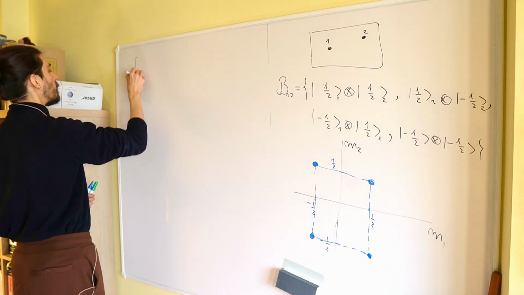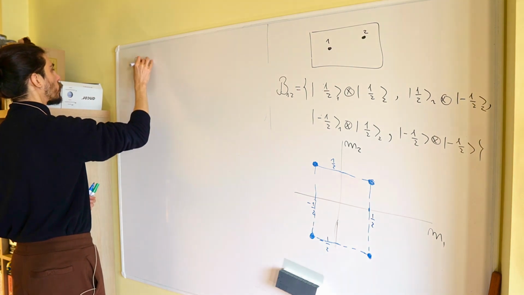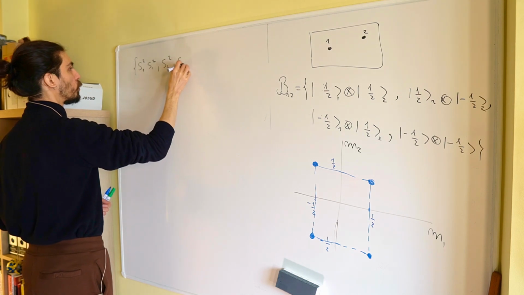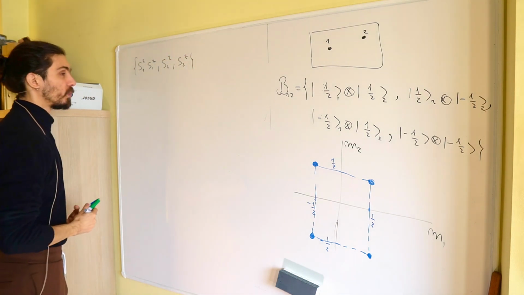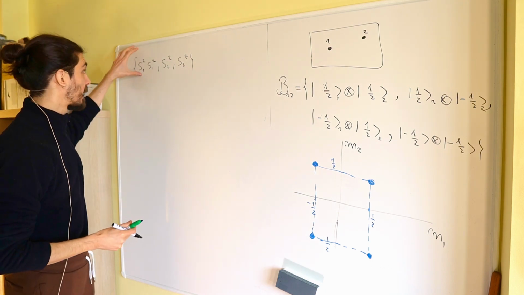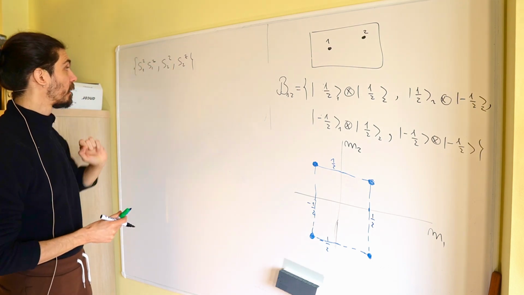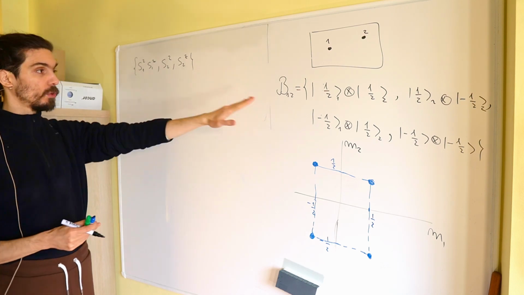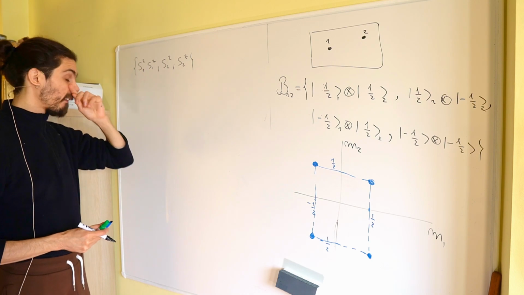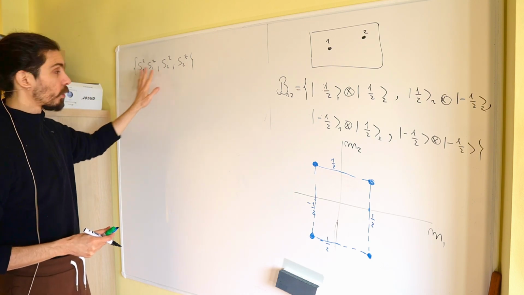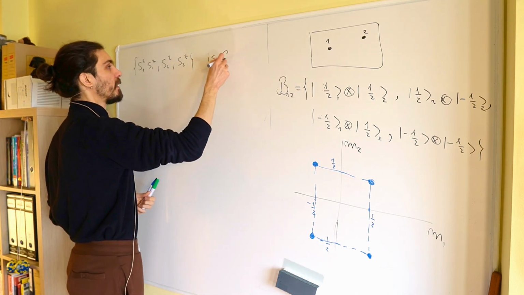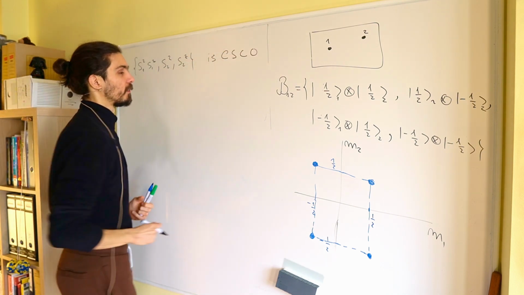Note that S1 squared, S1z, S2 squared, S2z, this is a set of operators which must be understood already as extensions. I'm suppressing the tilde here. They are extensions into that B12. Notice that, in fact, you can prove it. They all commute. So this set is a complete set of commuting observables.